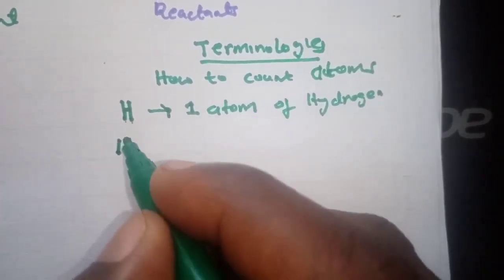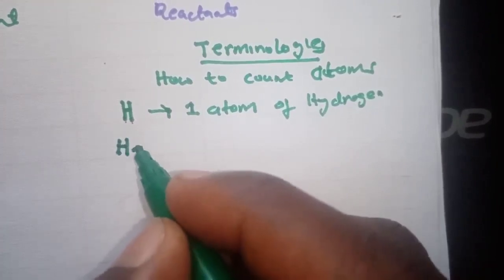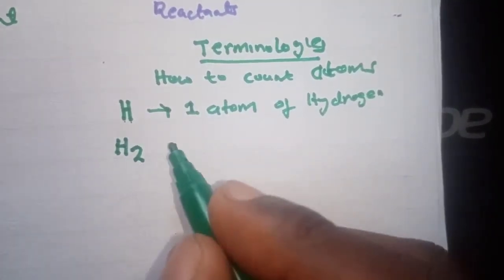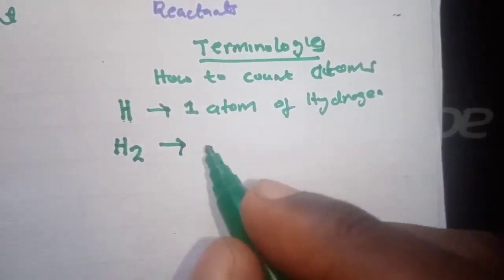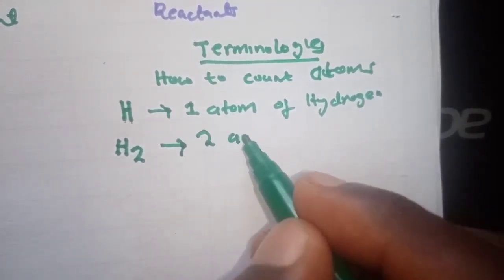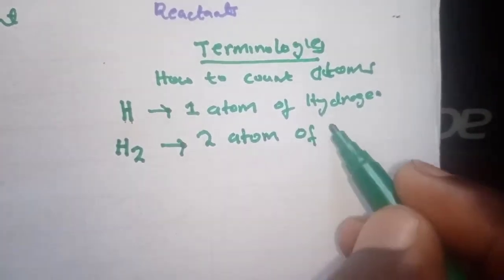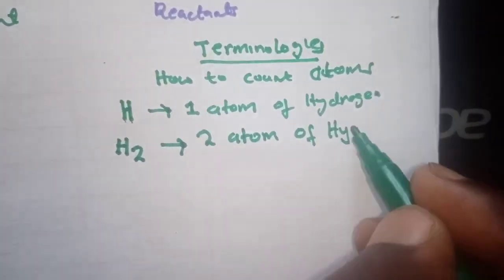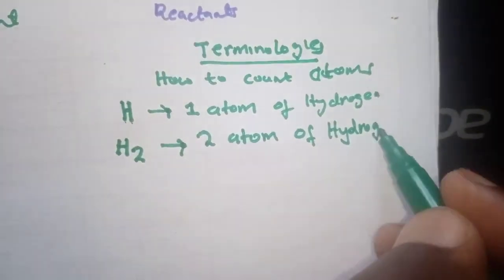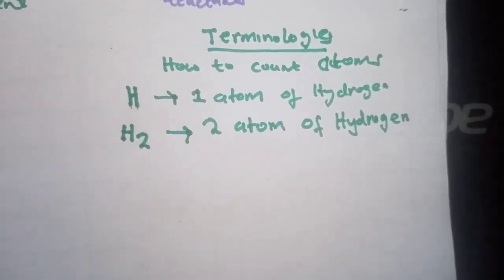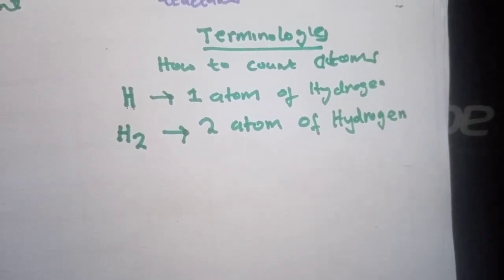If I write hydrogen as a molecule, as a gas, hydrogen as a gas always has a 2 here. So the number of atoms here, we're going to say, is 2 atoms of hydrogen.